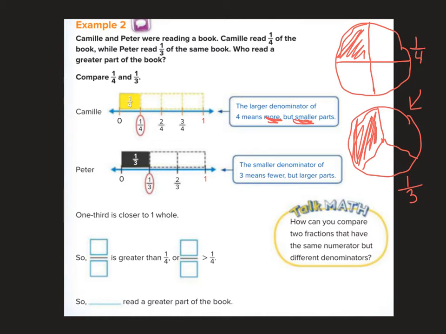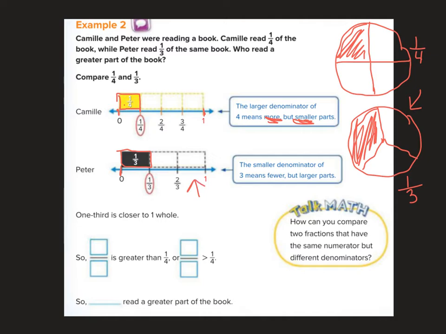We can see that with our fraction tiles too. If we were in school, I'd be having you get these out, right? But we're not, so we kind of have to make do. Next year, we can get them out. Here's 1/4, and notice between 0 and 1, I'm cutting it into 4 equal pieces. And here's 1/3, so between 0 and 1, I'm cutting it into 3 pieces.